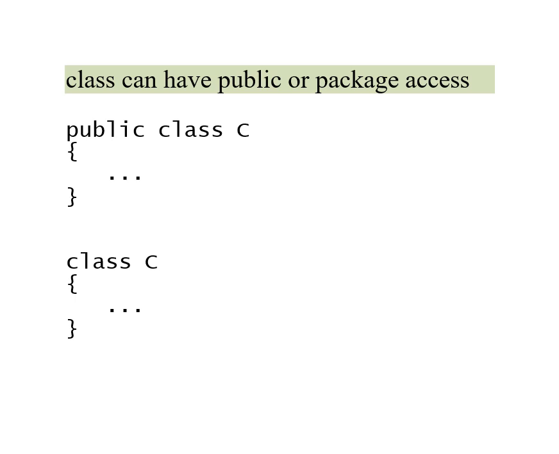Now, one thing you have to understand when you start with public is that the file that contains that class needs to have the same name as the class name. So if you have a file that has public class C, you should call that file C.java, and when you compile it, you're going to get C.class.